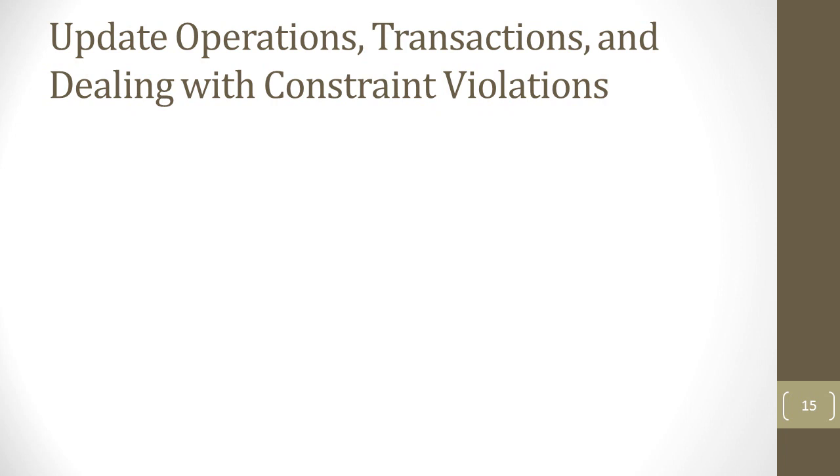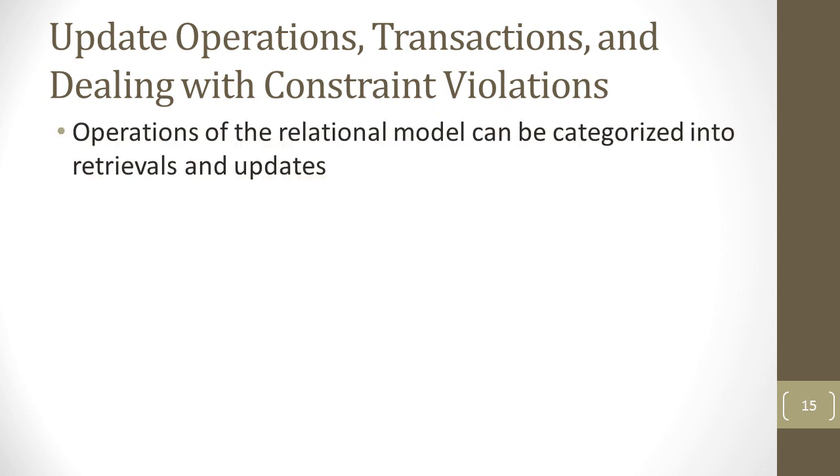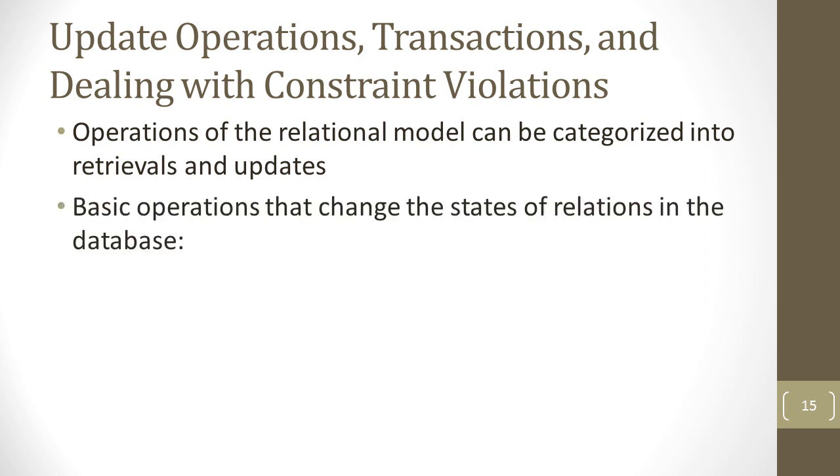So we're going to real quick just wrap up this chapter 3 discussion about different operations we can perform on the state of a database, and then what happens when we violate the constraints that we've put in place. Essentially, we can classify the operations we're going to perform on a relational database as retrieval or updates.